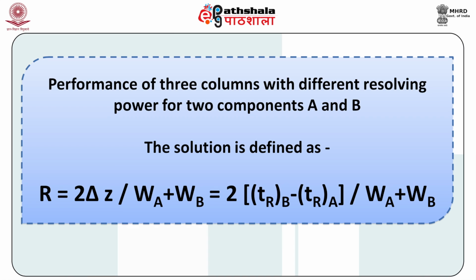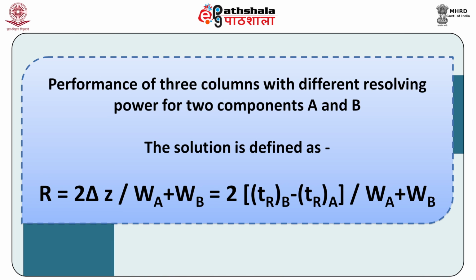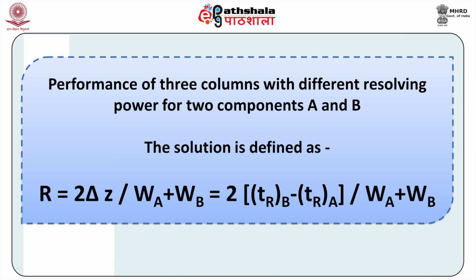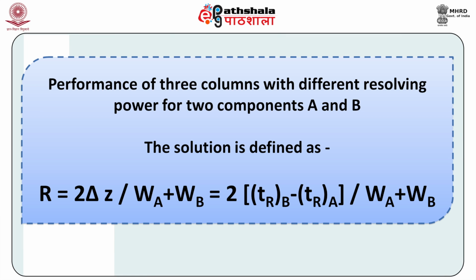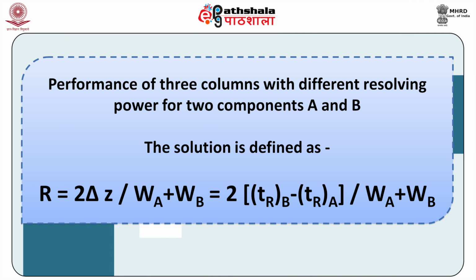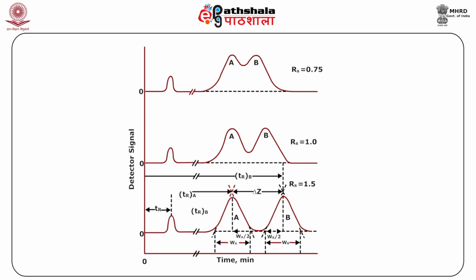This figure illustrates the performance of three columns with different resolving power for two components, A and B. The resolution here is defined as R equals 2 delta Z divided by WA plus WB, which is further equivalent to 2 multiplied by (TRB minus TRA) divided by (WA plus WB), where the terms on the right side of the equation have been illustrated in the following figure.